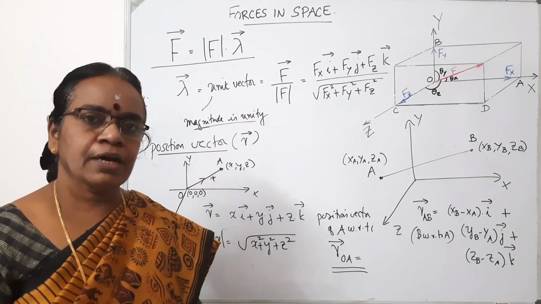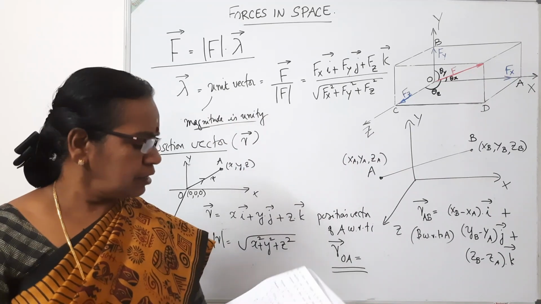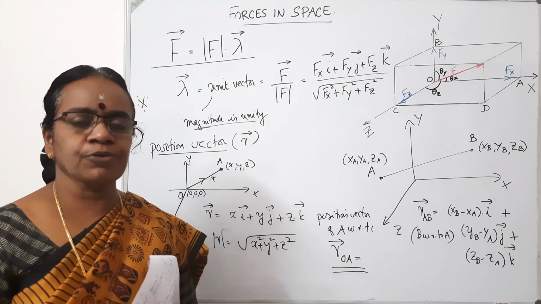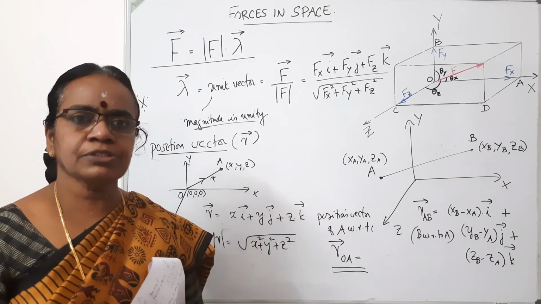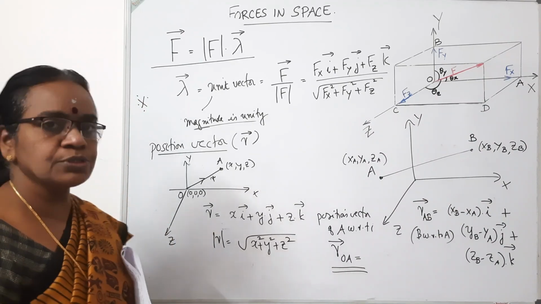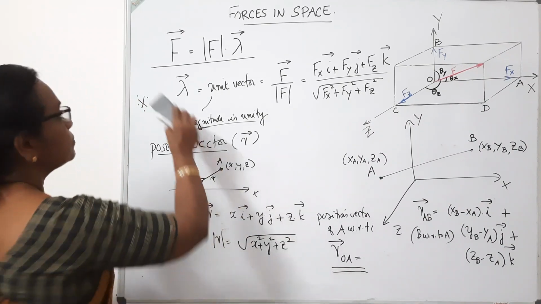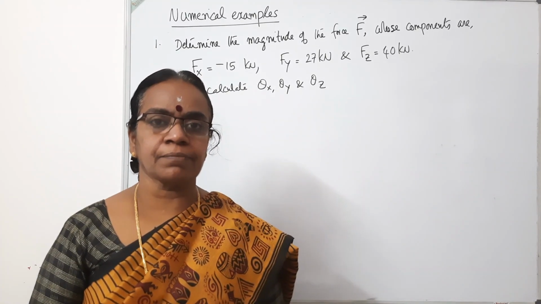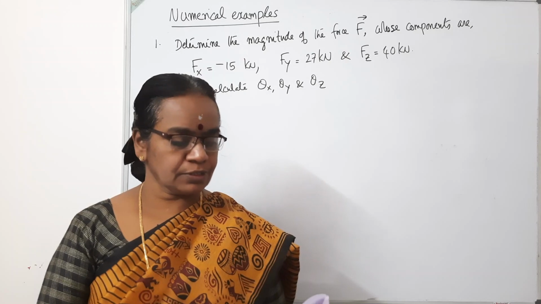Based on this, now we will be discussing some examples where we have to resolve the forces or find the angles, the direction cosines of a force system, etc. So we pass on to the numerical examples. The first question, I will read the question.